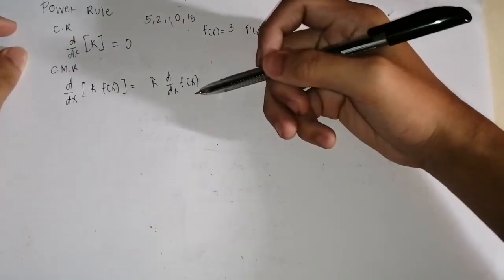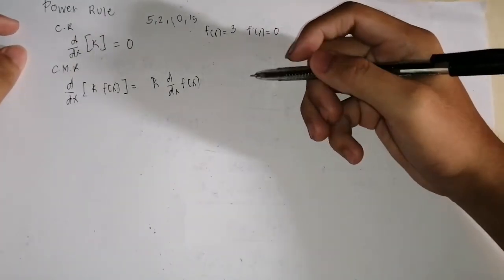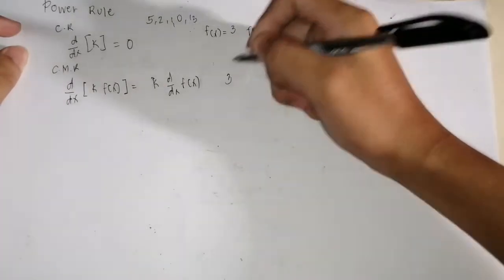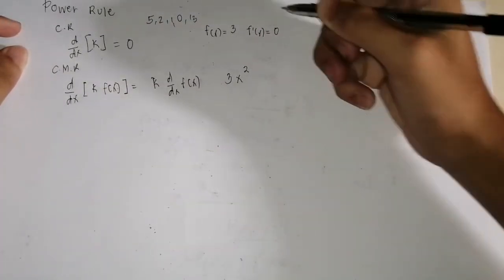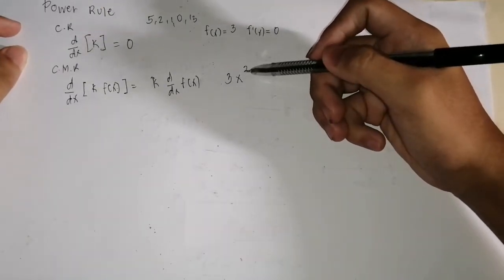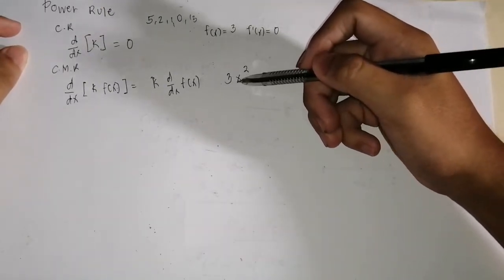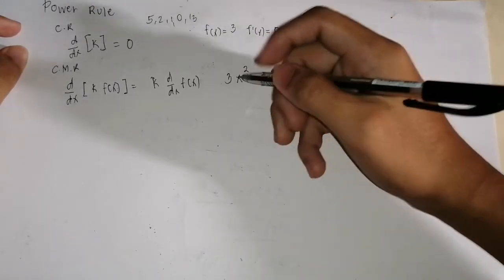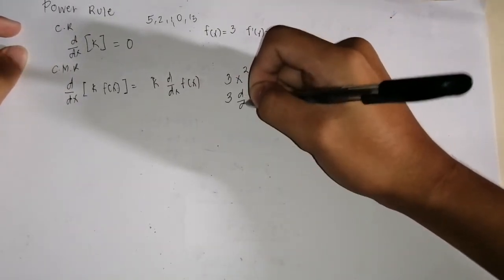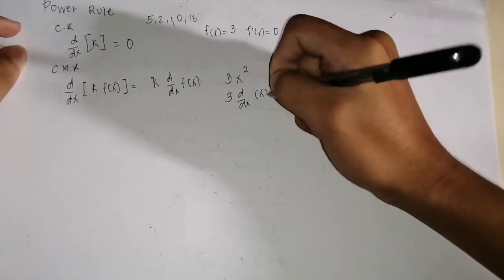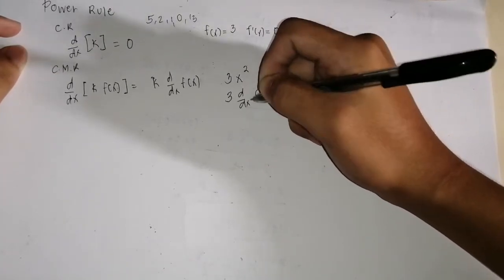What is an example? An example is a constant with a variable, like 3x squared. You just get the derivative of x squared, then multiply it by 3. The derivative of x squared is 2x.